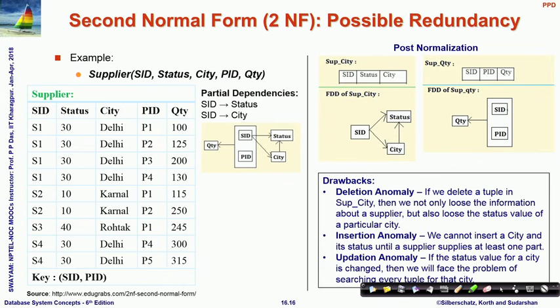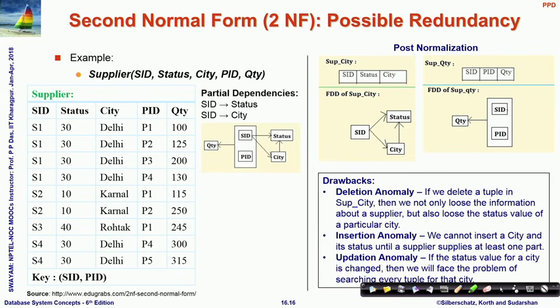So, if I normalize into second normal form on the right, then I will have a supplier city relation with the three attributes SID, status and city, and another supplier quantity relation which has SID, PID and quantity. Naturally, there is no partial dependency anymore. Earlier we had SID determining status as a partial dependency, because SID is a proper subset of the primary key, which is SID PID.